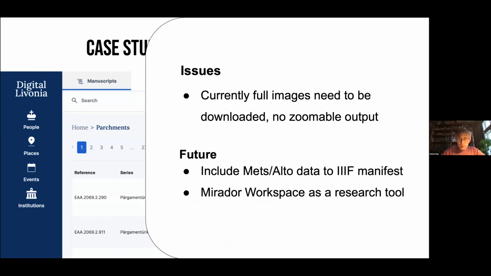And for the future steps, for the library content, at the moment it does not provide the actual digitized content. I mean, we get them as images, but not as text. So they have Metsalto data available, but for some reason it wasn't included in a manifest. So this is the next thing for us to discuss and to get working.